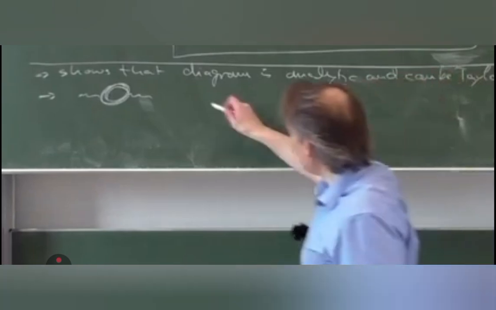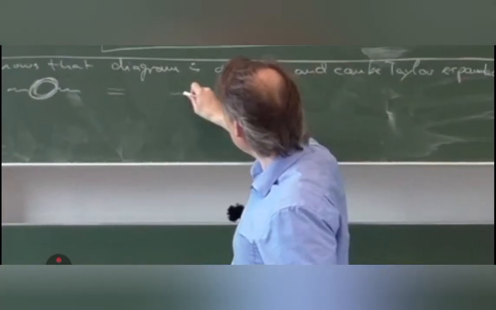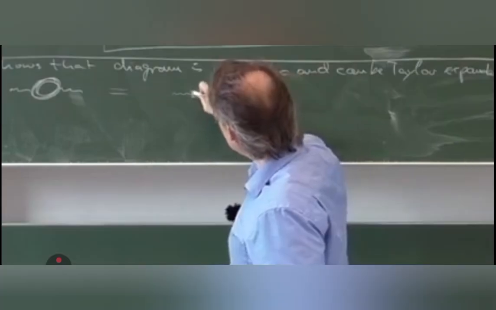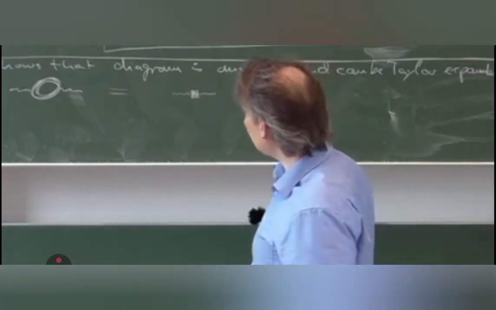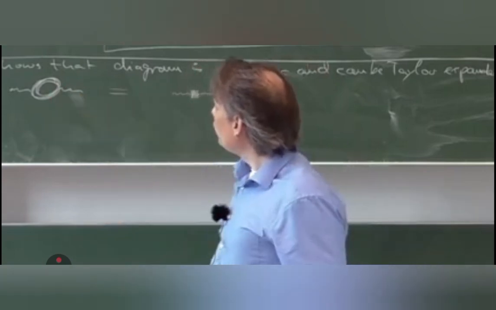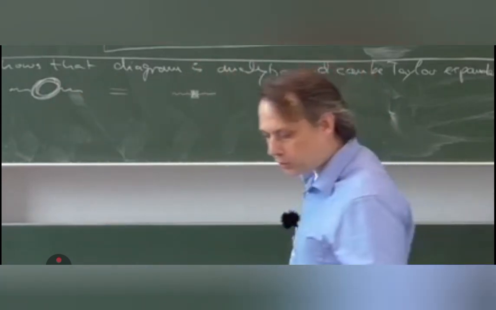And if we truncate the Taylor expansion at some finite order, we get a polynomial in the external momentum. And a polynomial in the external momentum can be written as a local Feynman rule of an EFT. So therefore, what it means is that the diagram can be expressed as a local Feynman rule of some effective field theory Lagrangian.